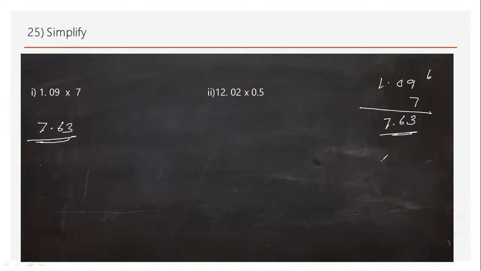This one also, 12.02 by 5. 5 times 2, 10, 1 remainder. 5 times 2, 10, 1 remainder. 5 times 1, 5, 5 and 1, 6. Now count the decimals. 1 decimal place here, here 2 decimals. 1 and 2, altogether there are 3 decimals. Separate 3 decimal places, 6.010.